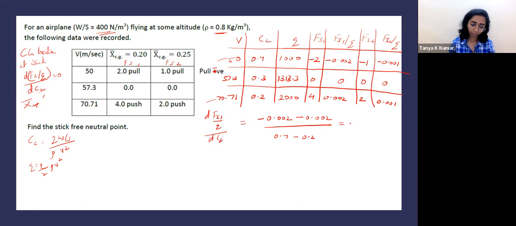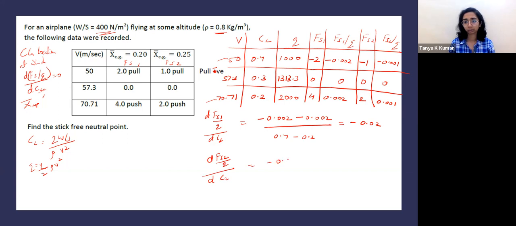What is this value? 0.02. Similarly, do it for the other case, dFS2 by Q by dCL.